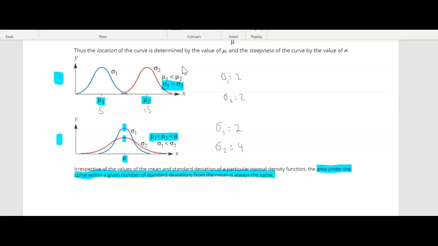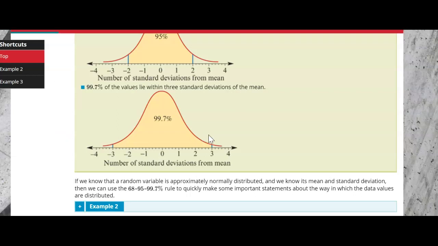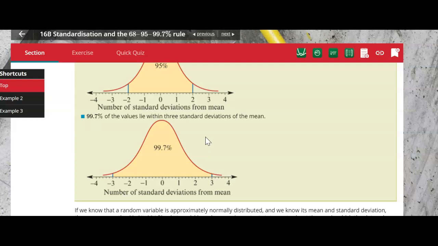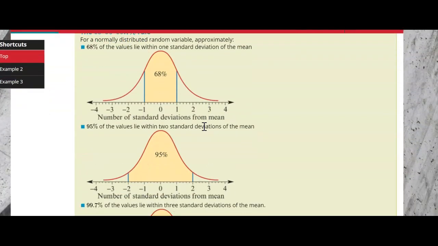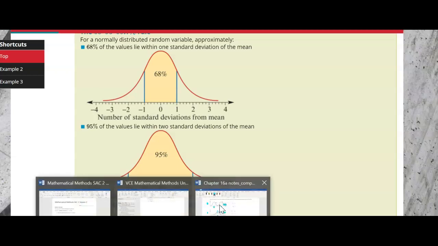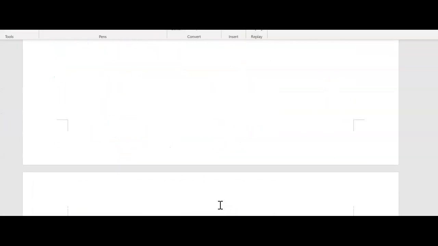We know for a probability density function, the area should always be 1. But no matter what the mean and standard deviation is, these percentages are always the same. Okay, let's just go back. We've got more theory.